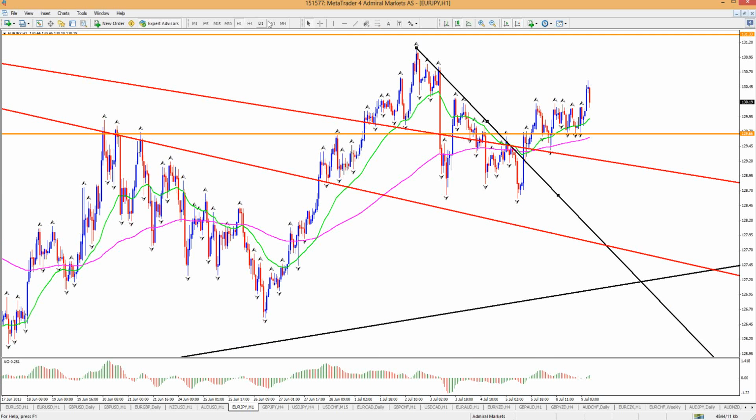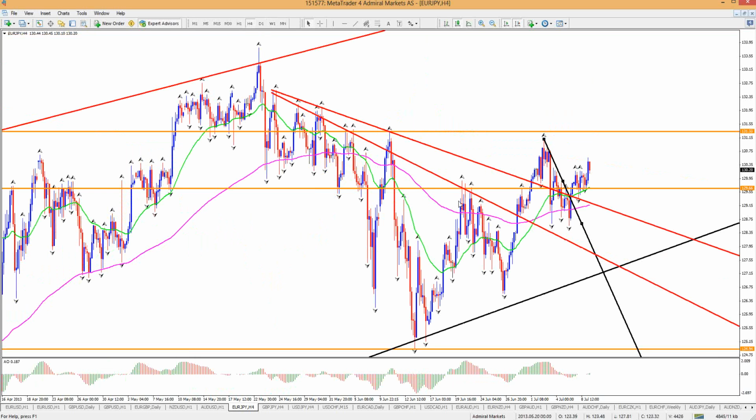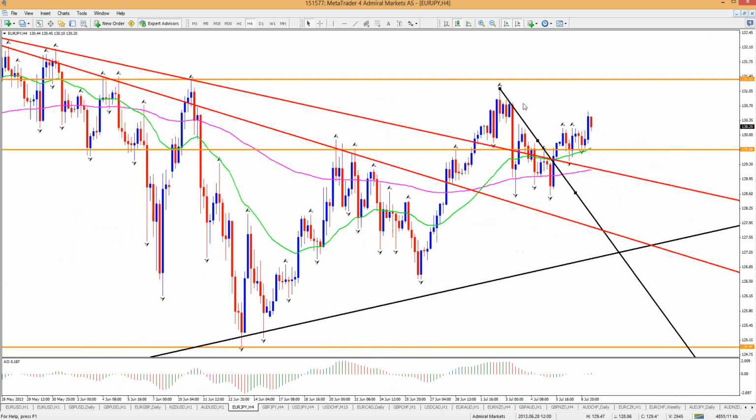At the moment, I don't know. Let's see. Probably will be upside. The only thing I don't like about it is that it's relatively close to this top.